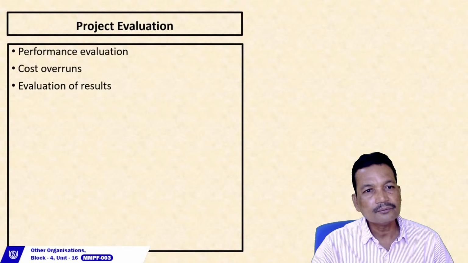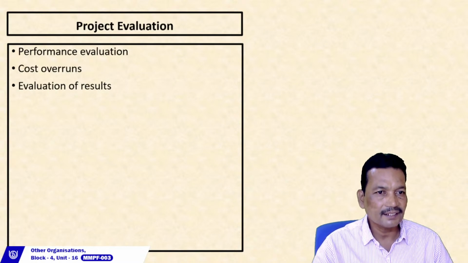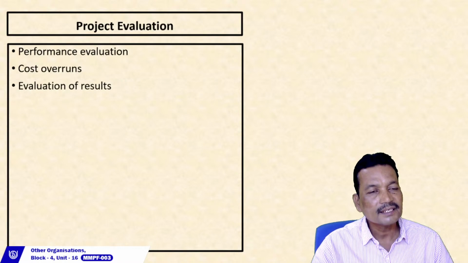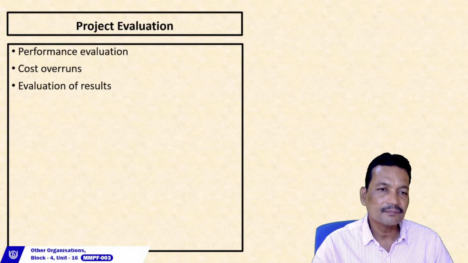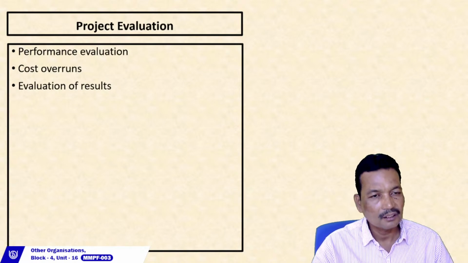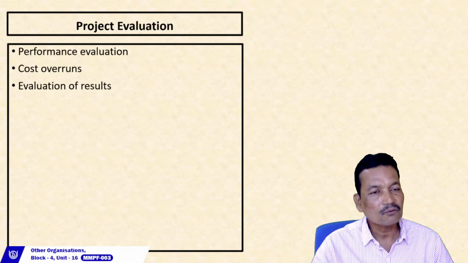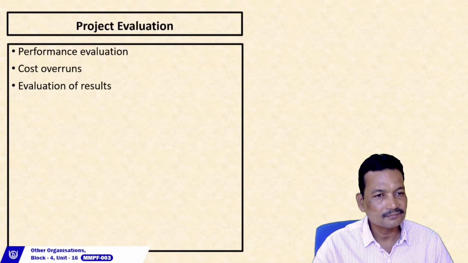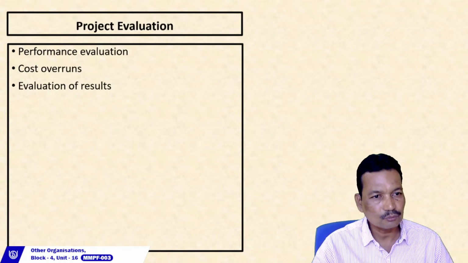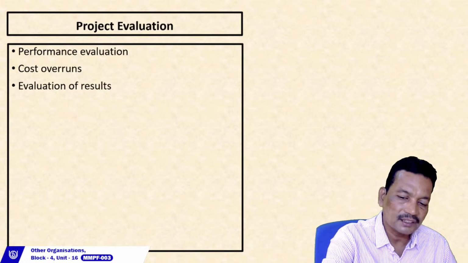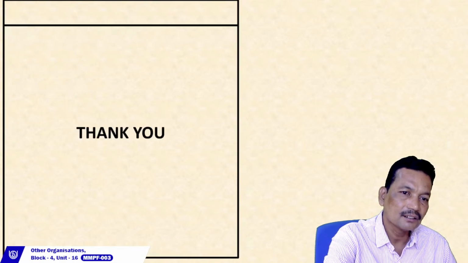Now, we try to evaluate the project at its end. There, we try to look at how each activity has been performed, how the resources have performed, what was the performance of the human resources, is there any increase in cost, that means cost overruns, and finally the results, whether they are matching the objectives for which the project was started.